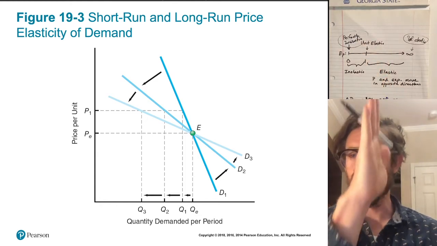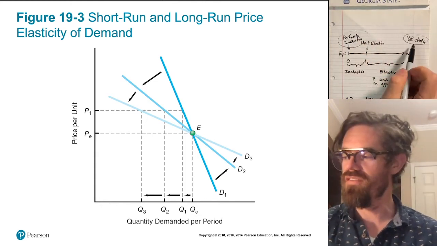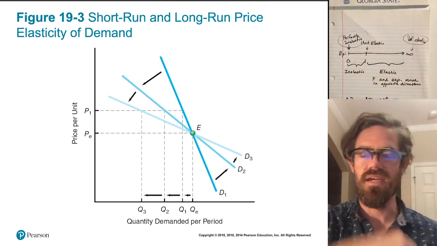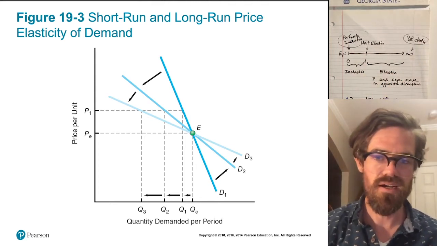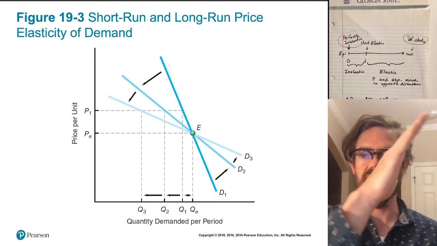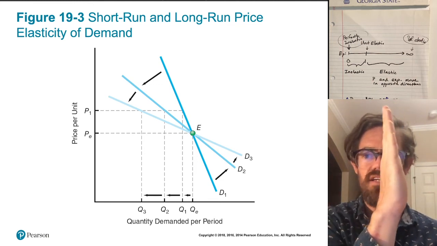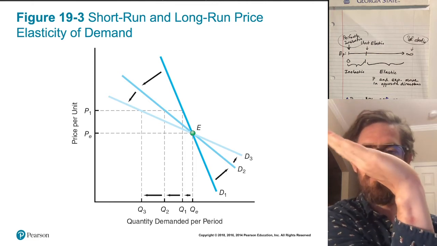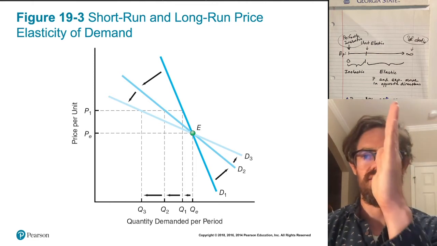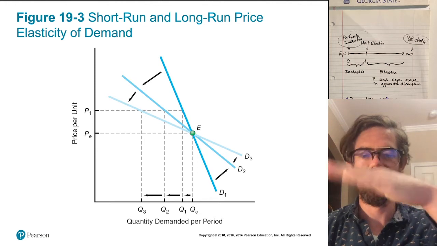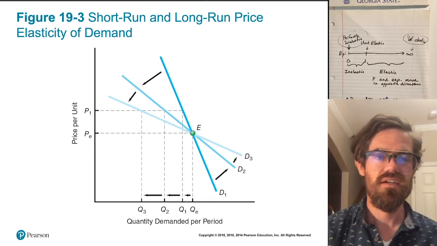Perfectly inelastic was the vertical demand curve, and perfectly elastic was the horizontal demand curve. And so basically what we're seeing is that as we go from perfectly inelastic and we get more and more elastic, the demand curve gets flatter, right?